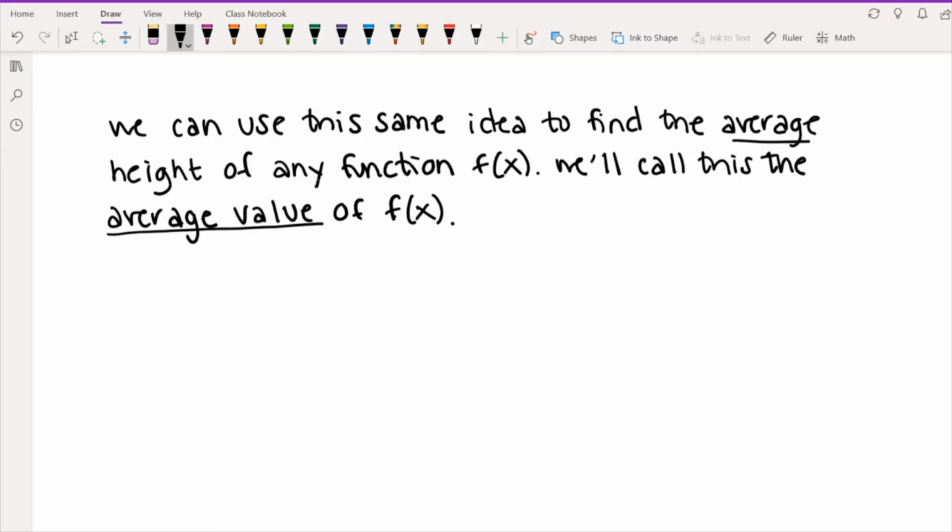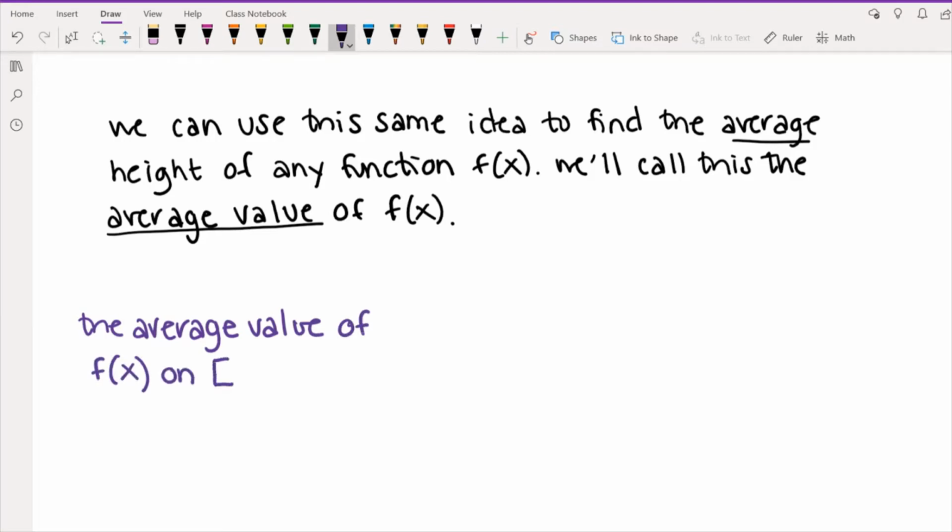Okay, so now let's write down the formula and we'll get into an example right away. So the average value of a function f of x on an interval. We're always looking at an interval when we're talking about an average value, because otherwise you would have infinitely much of the graph and it just doesn't really make sense.